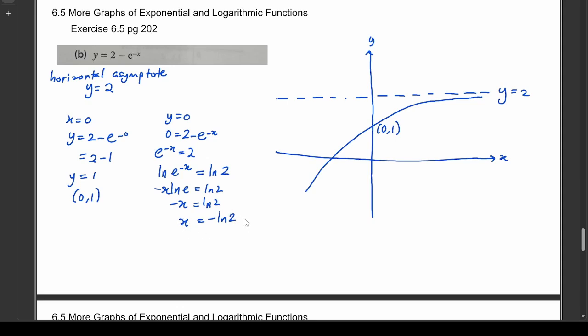You can press the calculator. Of course, you're going to get a decimal. You can keep the coordinate like this, negative ln 2, right? So our coordinate x is negative ln 2, comma, y is 0, right? Negative ln 2 is about negative 0.7, if you press the calculator. So here you can just keep it at negative ln 2, comma, 0.